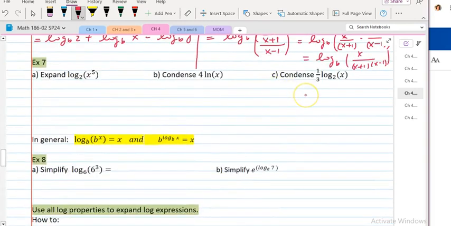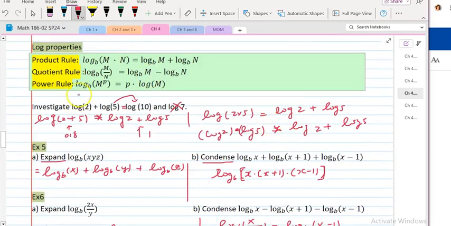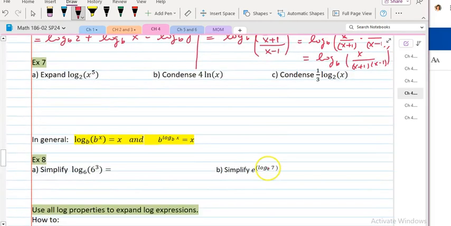Example 7 is also a combination, the power rule. Let's look at the power rule. Log base b of m to the p power is equal to p times log base b of m, the coefficient multiplied. So if I see log base 2 of x to the 5, this is an exponent inside a log. I move it out, which equals 5 log base 2 of x.